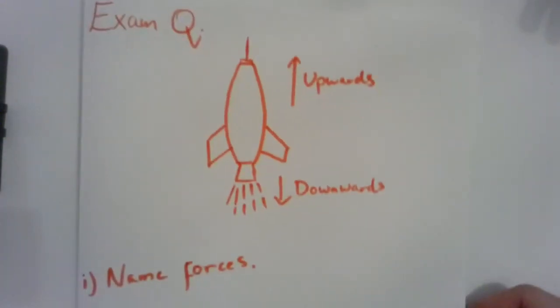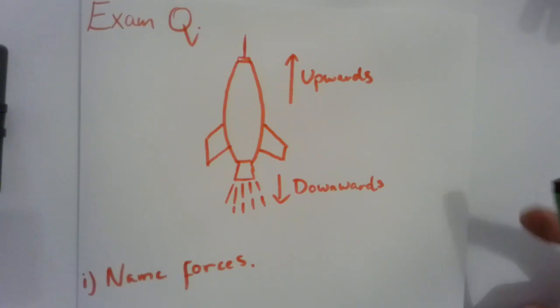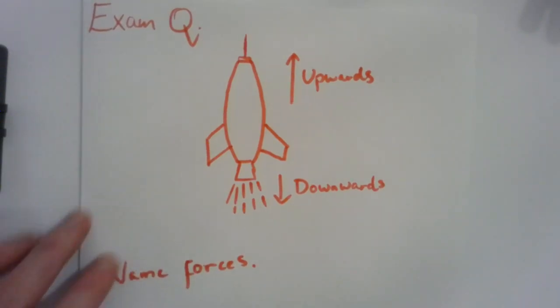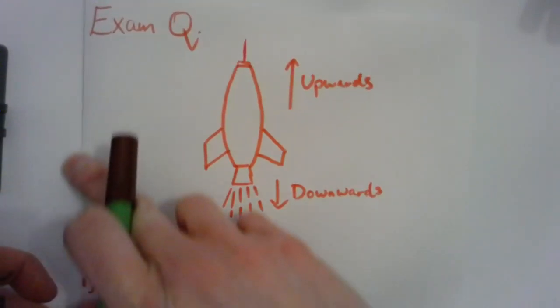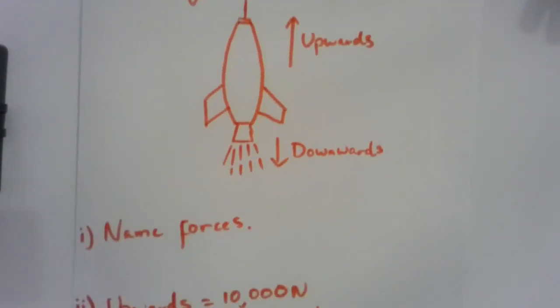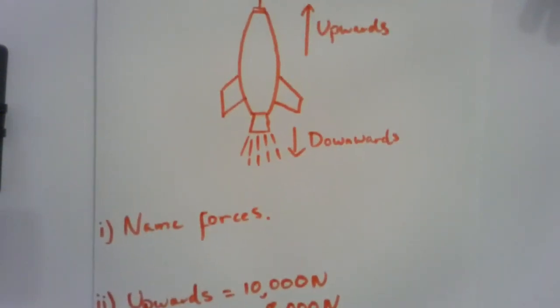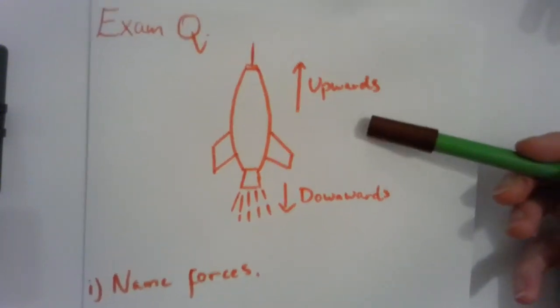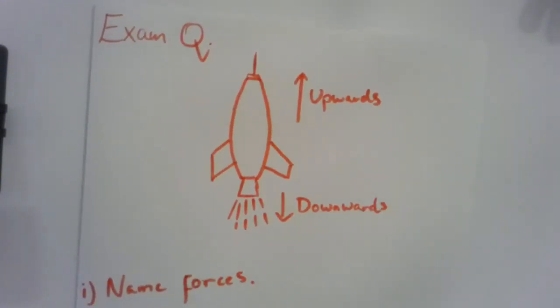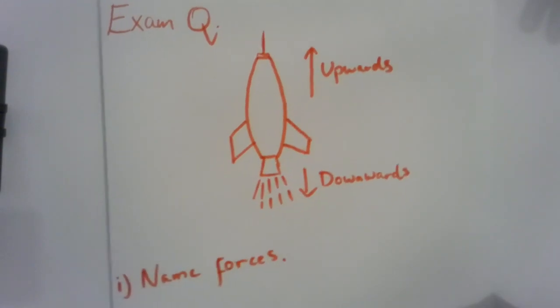This is pretty much as tough as these questions are going to get directly on Newton's laws, so nothing too scary, but I appreciate that these questions can look a little bit difficult.